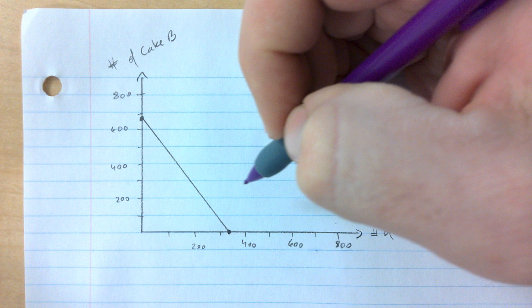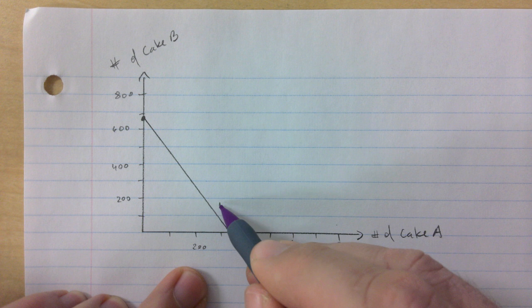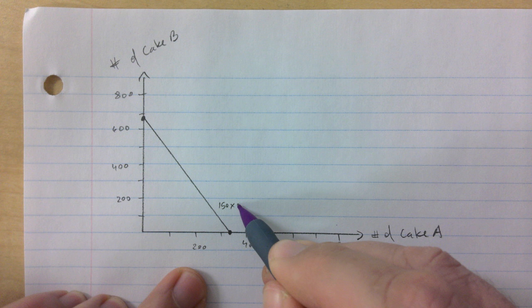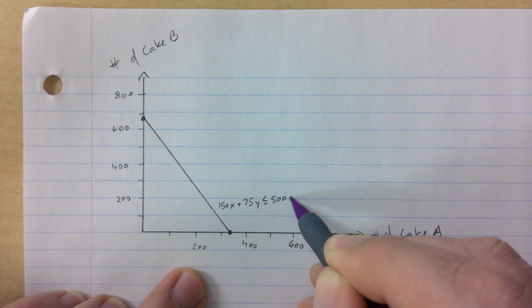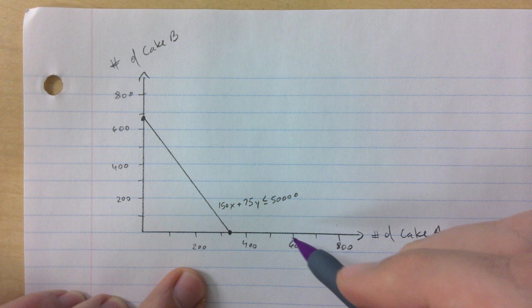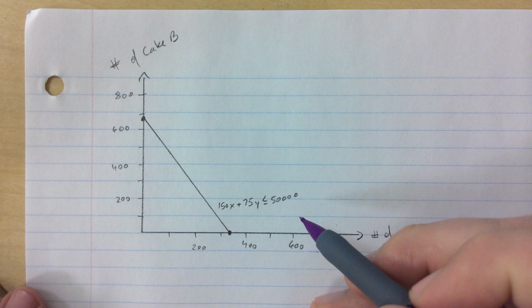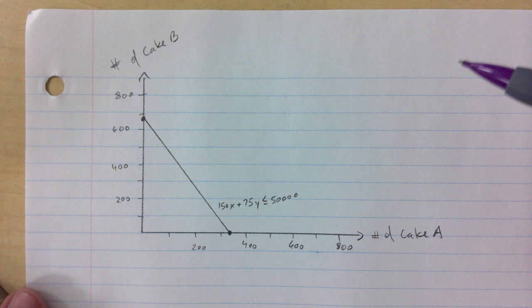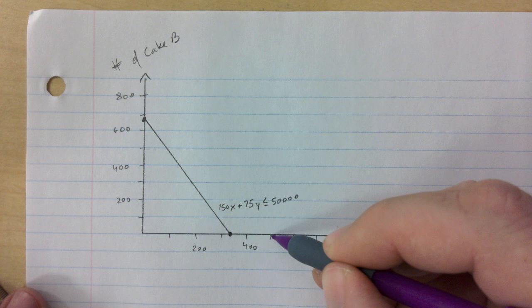And this is the line 150x plus 75y is less than or equal to 50,000. Let's do the shading afterwards, okay? And also the labeling, I should have probably waited because it might be crossed out by another line. Like the other line is 500, it's right here, and 500 over here.